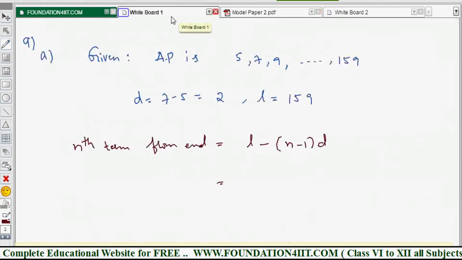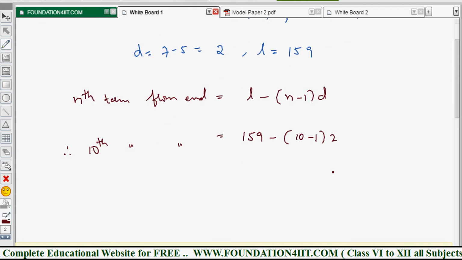So the 10th term from the end is 159, that is L, minus (10 minus 1), and the common difference is 2. Simplifying, 159 minus 9 into 2, which is 159 minus 18, that is 141. That's it, simple. So 141 is the 10th term from the end.